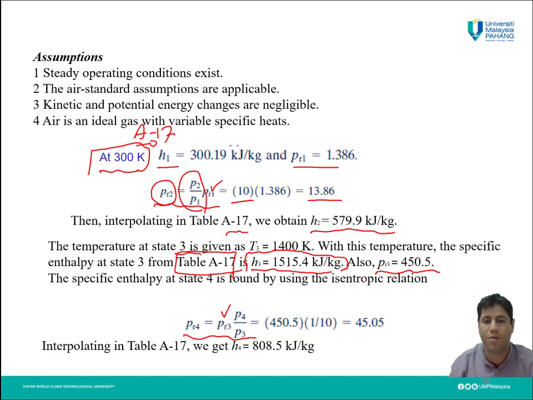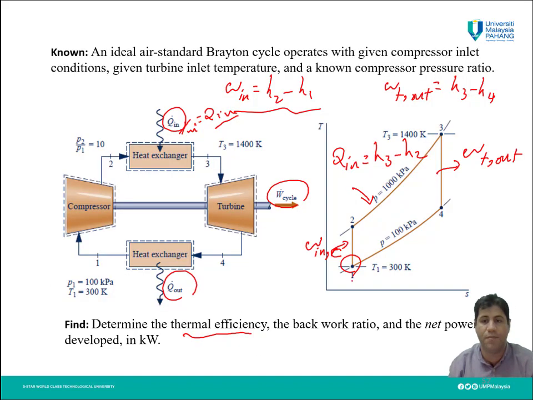So we have PR3 here to put in this equation. How about P4 divided by P3? Again, if you notice here, we have the pressure for P4 and for P3. If you remember, we have constant pressure processes here.